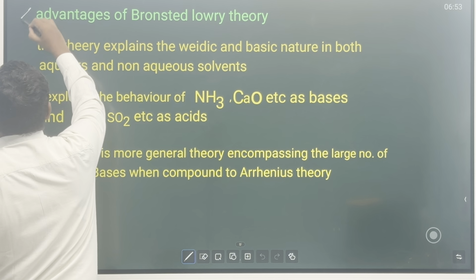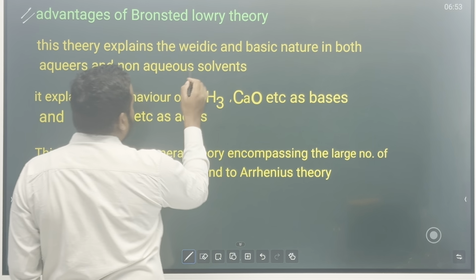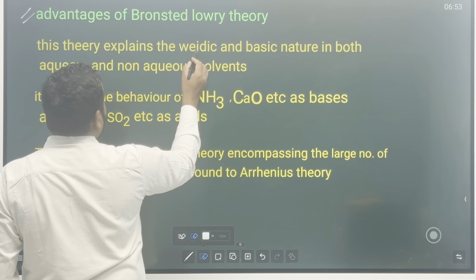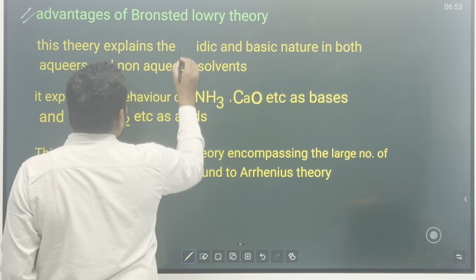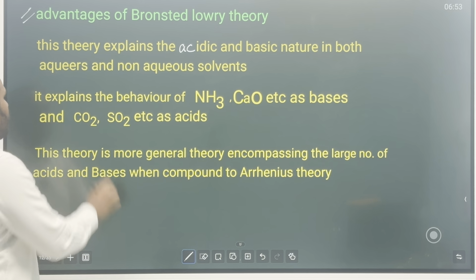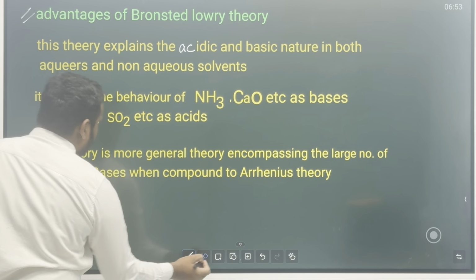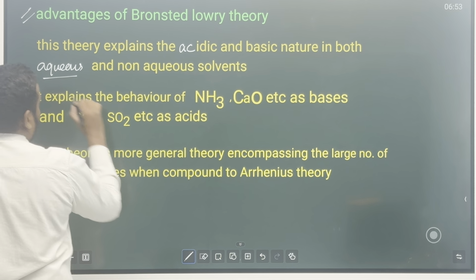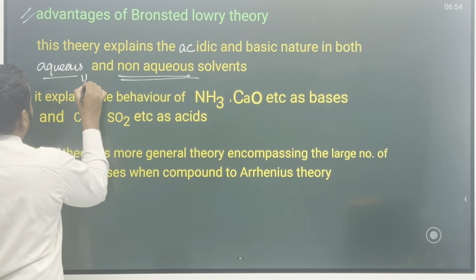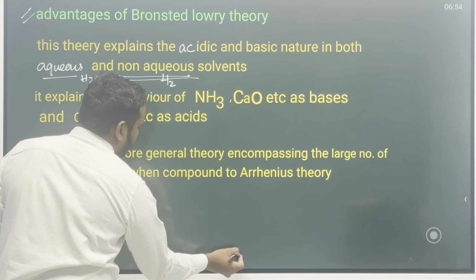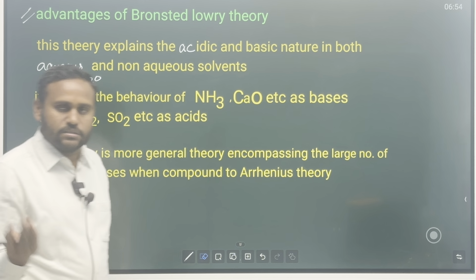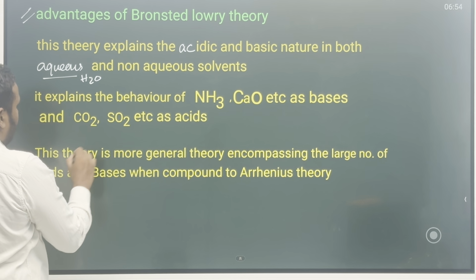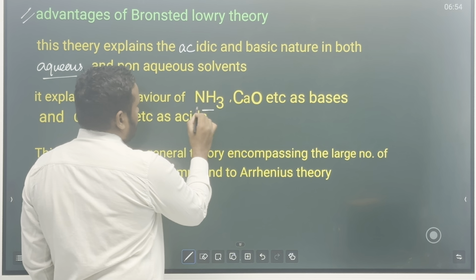Next, the advantages of Bronsted-Lowry theory. This explains the acidic and basic nature of both aqueous and non-aqueous systems. Aqueous means water; non-aqueous means we can take solvents other than water, and still explain the acidic and basic nature of substances. It also explains the behavior of NH3: NH3 is a base, it can accept a proton.